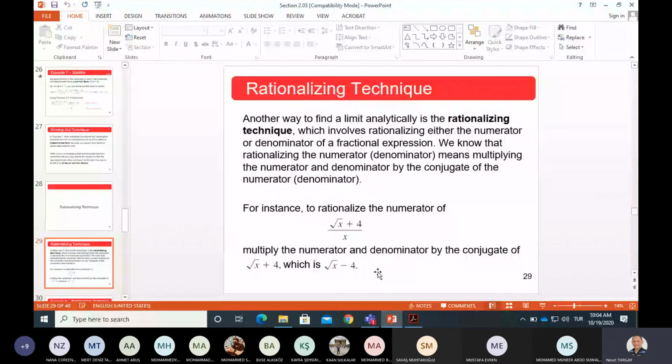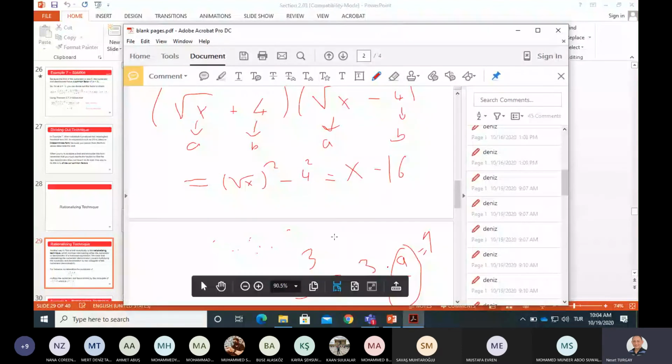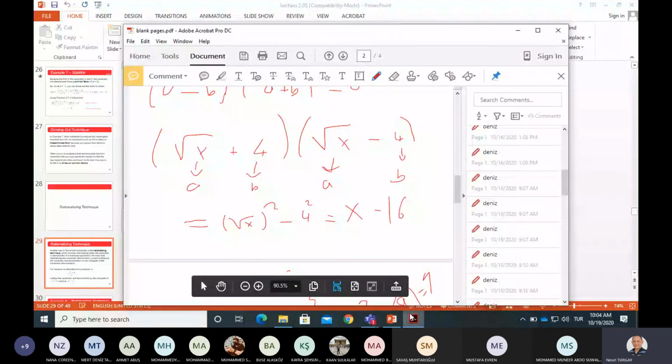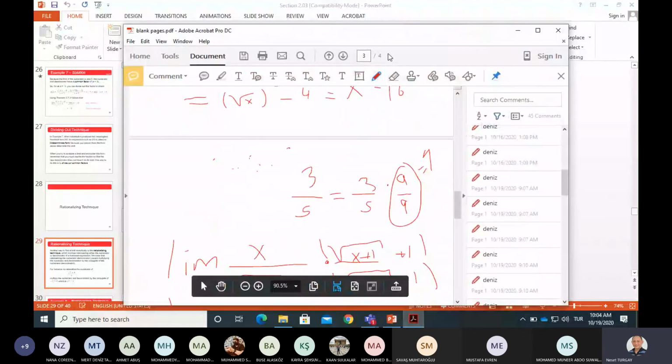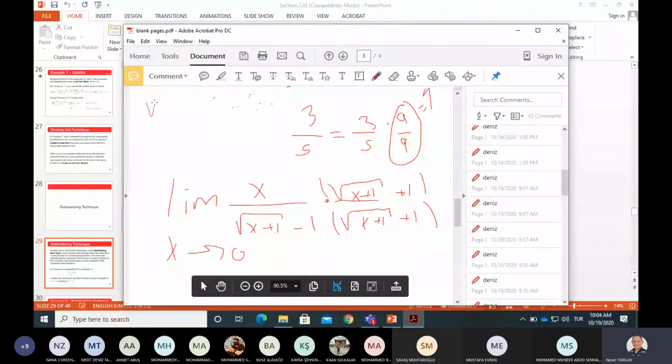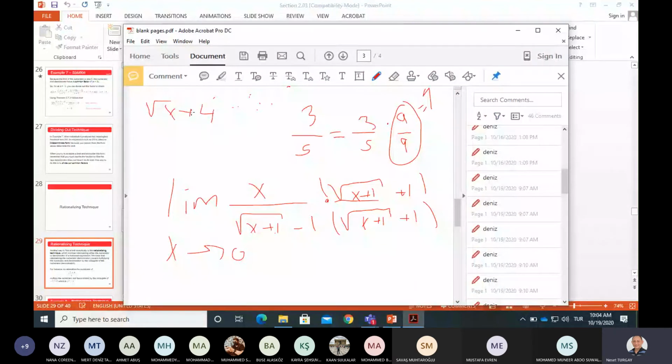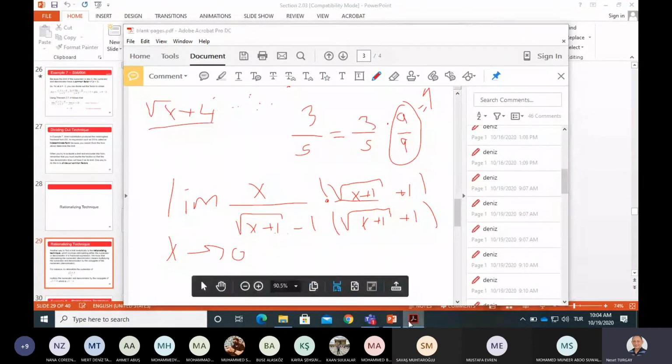Maybe I should explain here. So root x plus 4 over x, right? So this was explained.